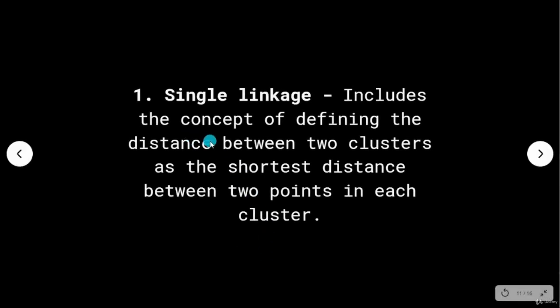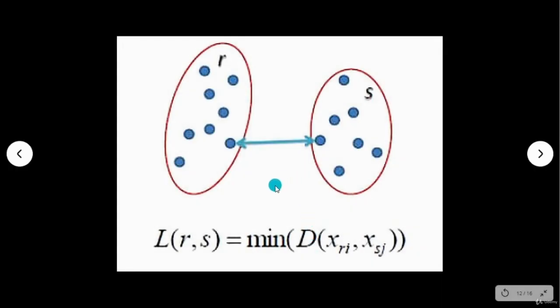So the first method which we will be studying is single linkage. The single linkage technique defines the distance between two clusters as the shortest distance between two points in each cluster. In this case, the distance between cluster R and cluster S is equal to the length of the arrow measured between their closest points.